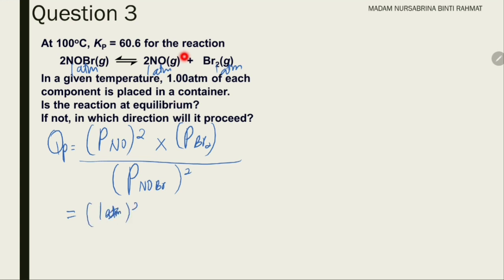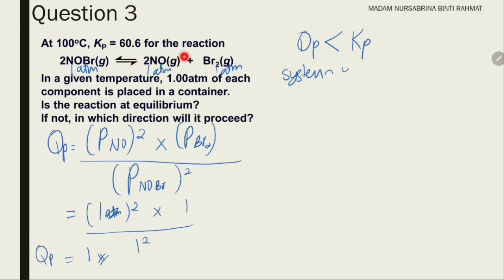You don't necessarily need to include the unit. Over 1 squared, so at the end you will get your QP to be 1. The given Kp is 60.6, that means your Qp is less than your Kp. So the system is not yet at equilibrium.